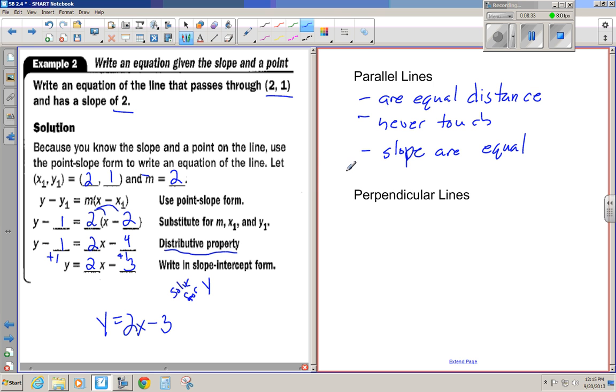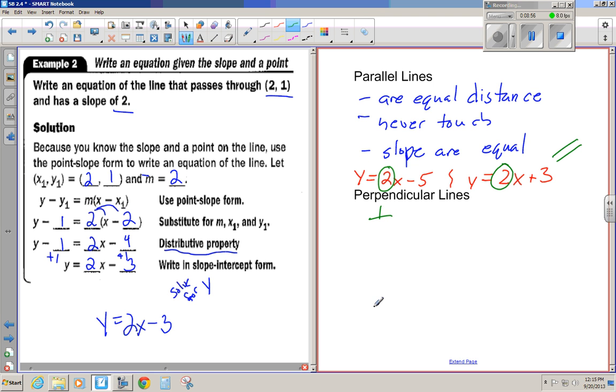That means these two equations are parallel. Y equals 2x minus 5 and y equals 2x plus 3. The slope here, slope of 2, means they're parallel.